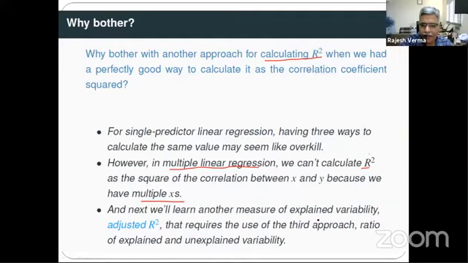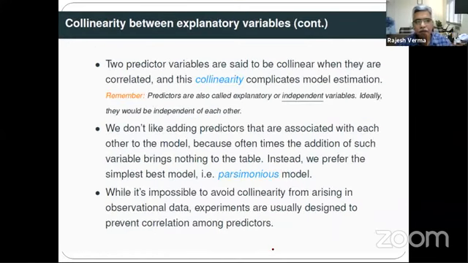And there is another measure of explaining the variability, adjusted R square, that requires the use of a third approach. That is, adjusted R square is the ratio of the explained and the unexplained variability. Why is this adjusted R square needed? Because the two predictor variables may be collinear, that is, they may be correlated, and this collinearity complicates the model estimation.